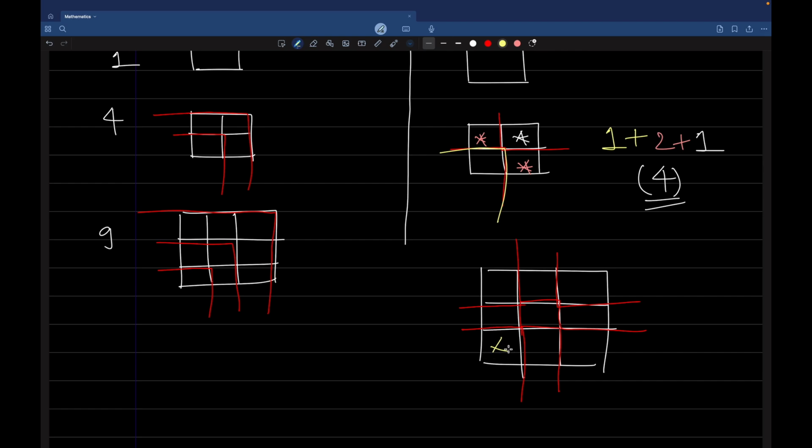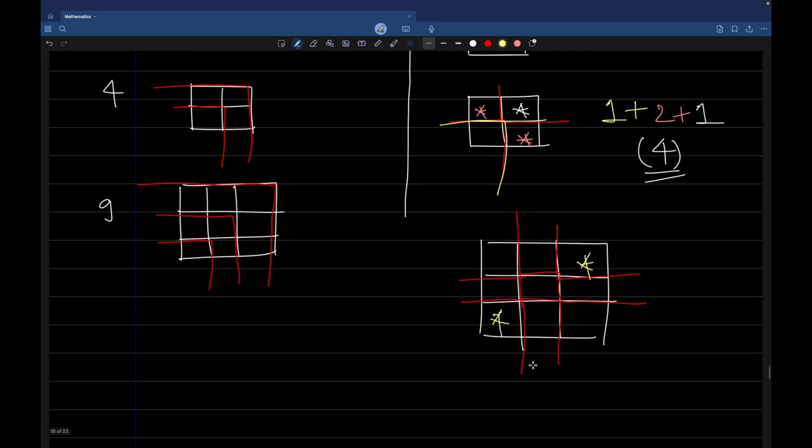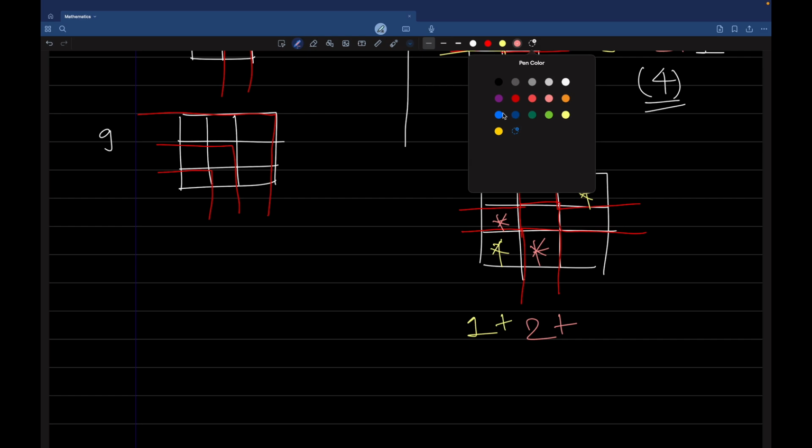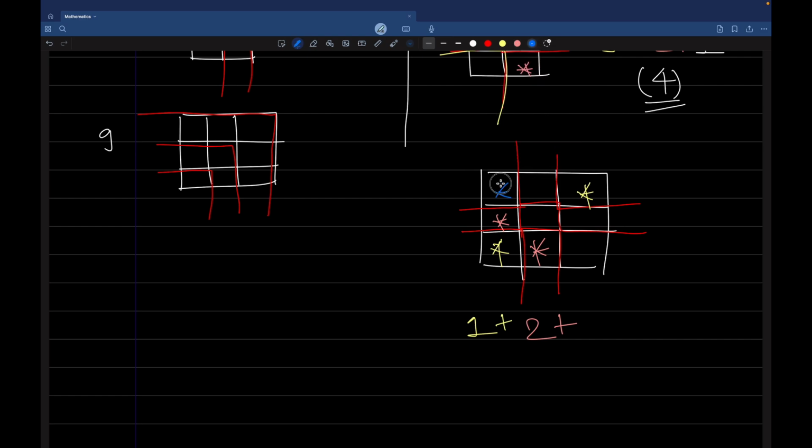Start from here. 1 plus this 2 plus this 3 plus this 2 plus this yellow, that is 1.